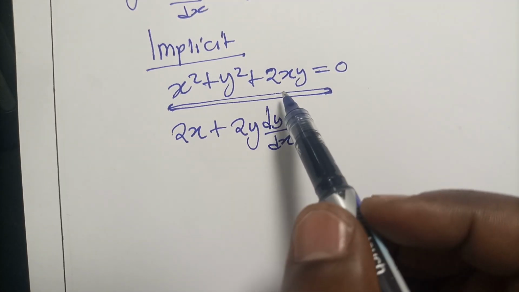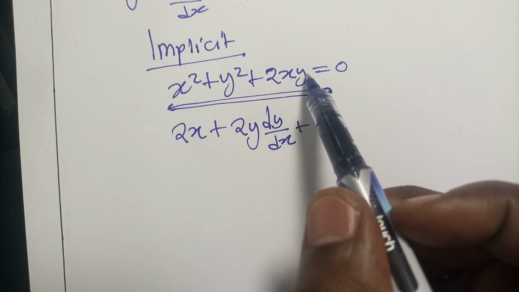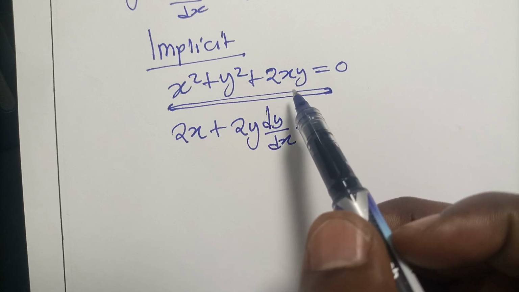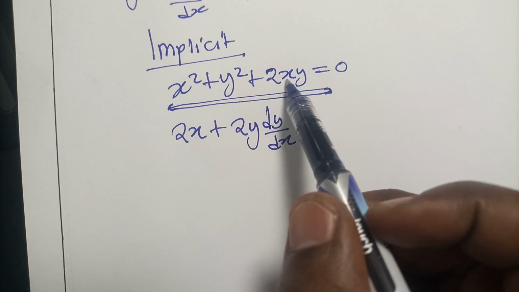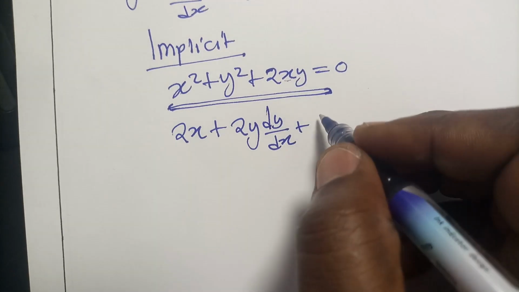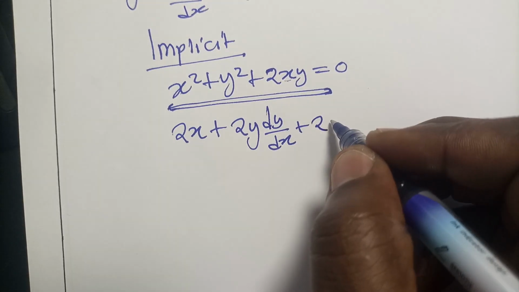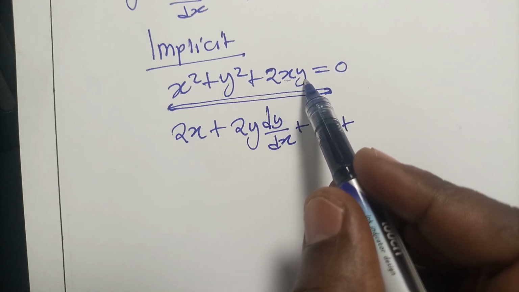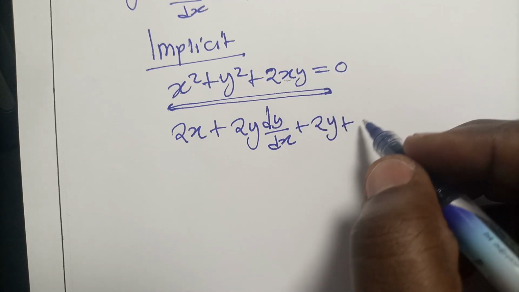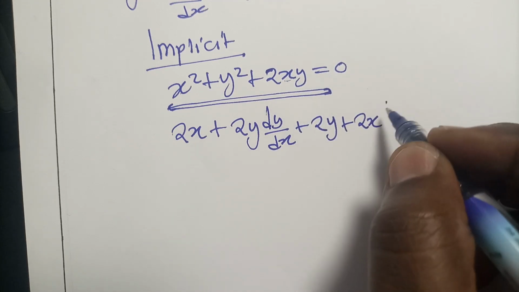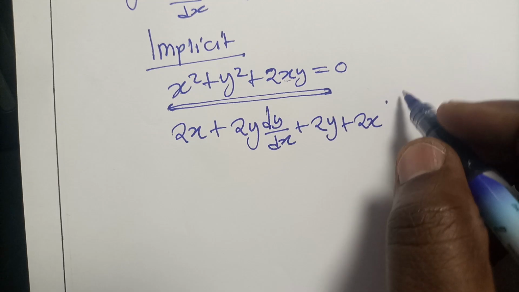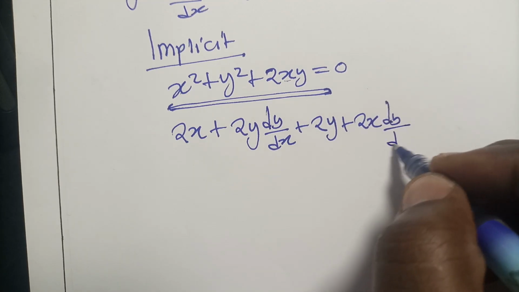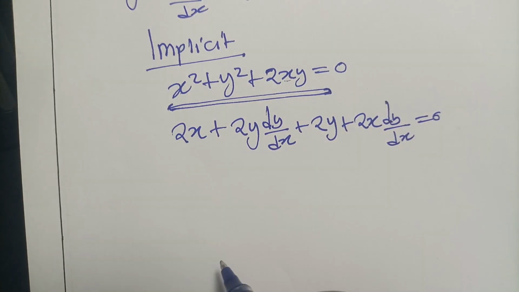Here we have two variables, x and y, so product rule. Differentiate first this variable here, we get 2y remains, plus, differentiate the second variable y, we're going to have 2x. Since when you differentiate this, you get a 1, you write dy/dx equal to 0.